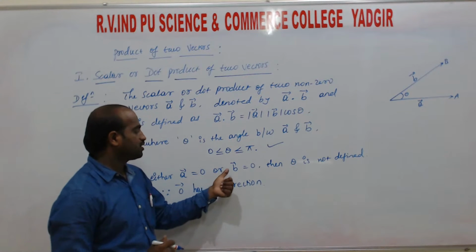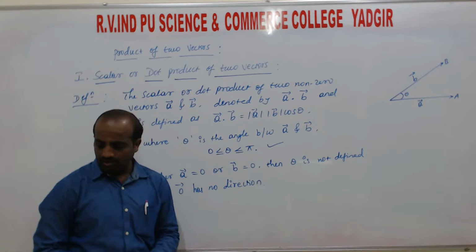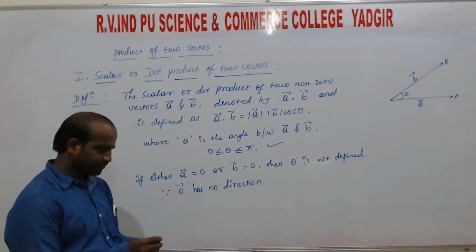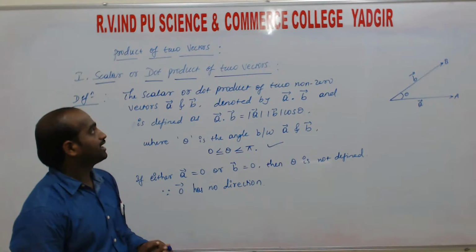If either A equals 0 or B equals 0, then theta is not defined. The 0 vector has no direction.